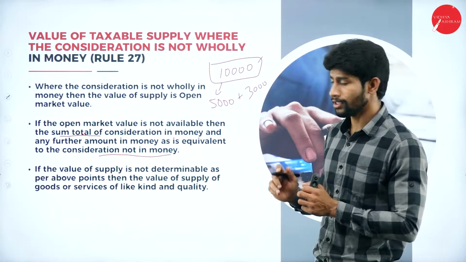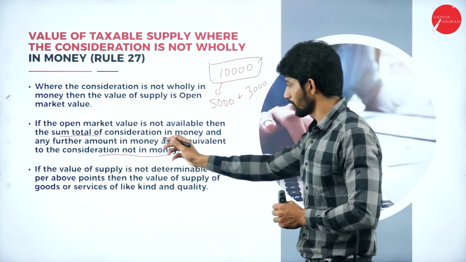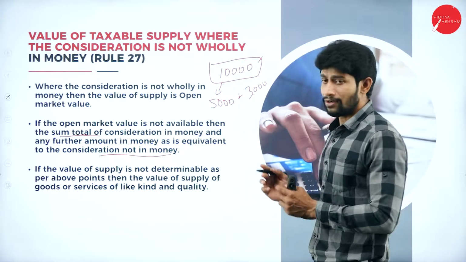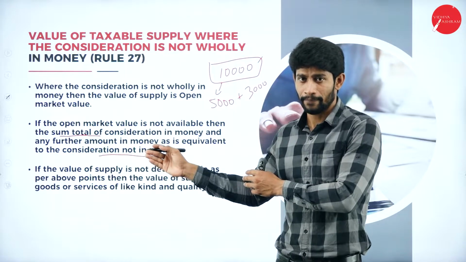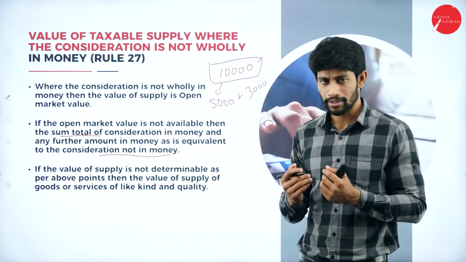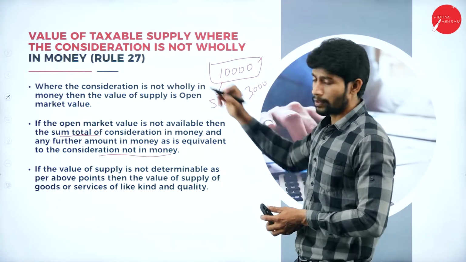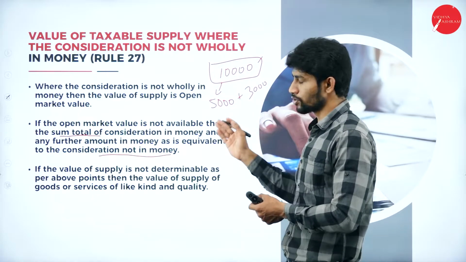That means we look into the same quality and kind with a different brand. Say we purchased a Sony camera, but it is not possible to determine the open market value and it is not possible to find out the sum total.